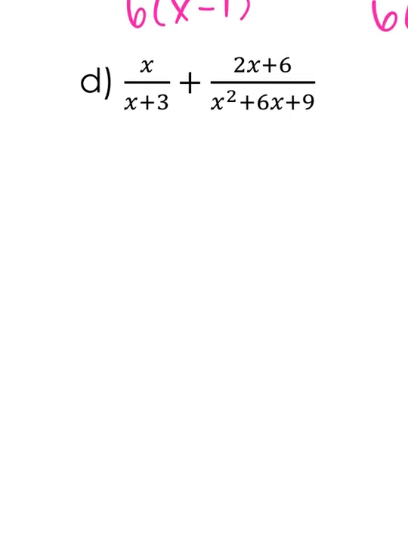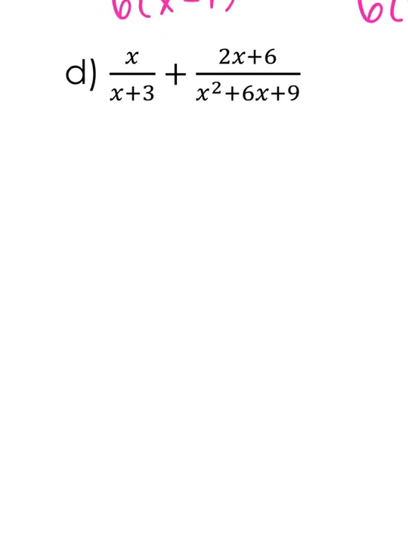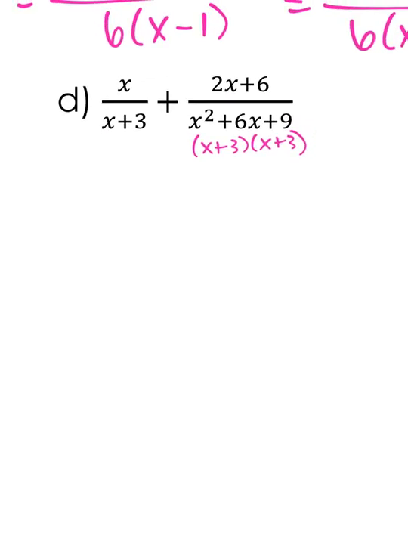Last one. So first thing I want to do is factor this denominator. That is a perfect square trinomial, so it is x plus 3 times x plus 3. I also want to go ahead and factor the top. So that is 2 times x plus 3.